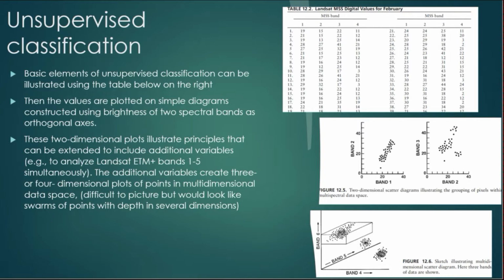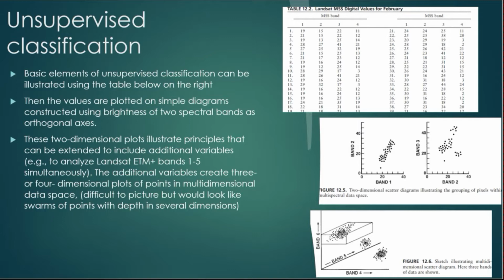So the basic elements of unsupervised classification can be illustrated using the table to the right. And so these are Landsat MSS digital values for February. And there's 4 bands on the left, and each row has a different pixel value.